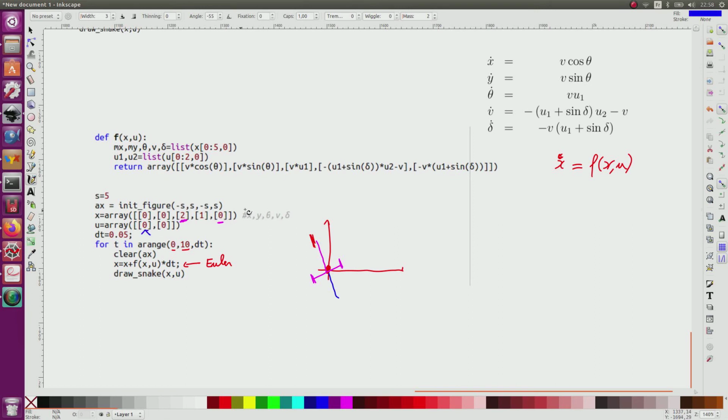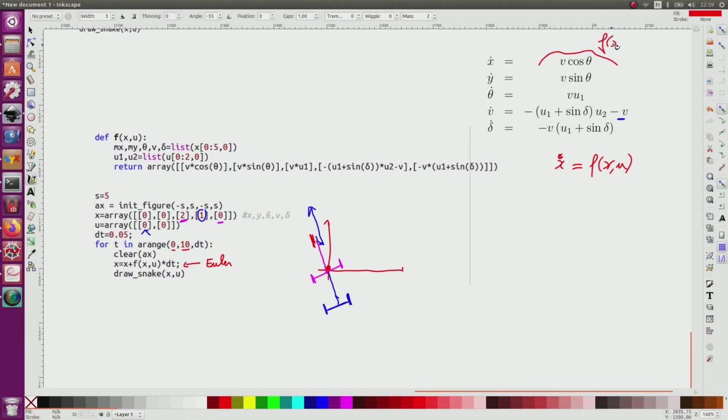And here I have 0 also, which means that I have an angle 0 between the front and the second sledge. Since the speed is equal to 1, probably my system will go straight for a few seconds, because I have some friction here.